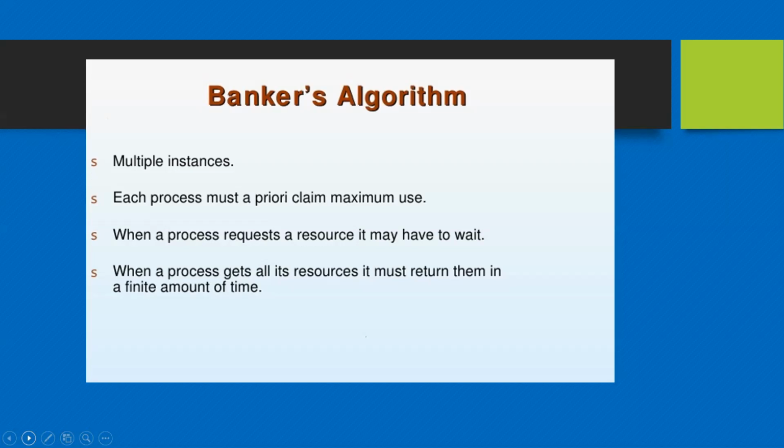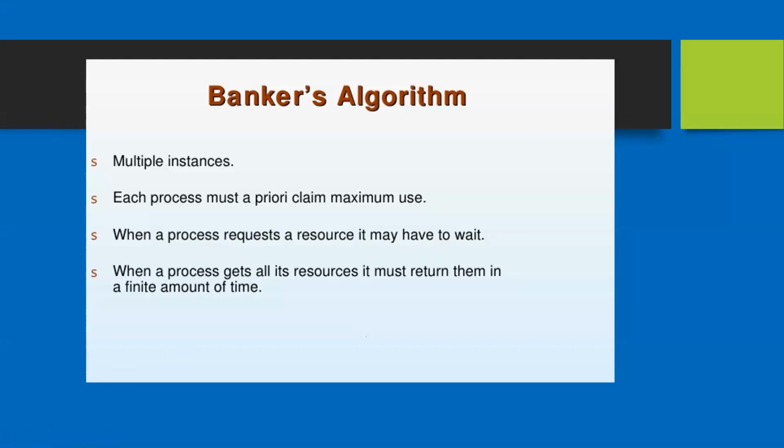What does it mean? A priori means beforehand. That means before something occurs, we get the idea. So each and every process will declare at the beginning what is the maximum use of the process.